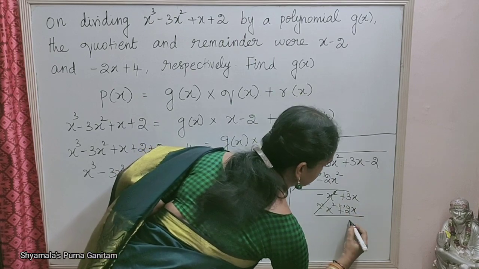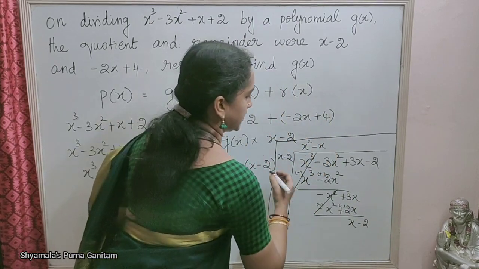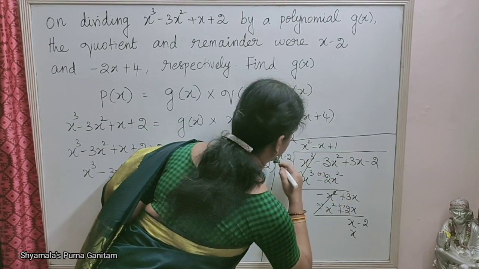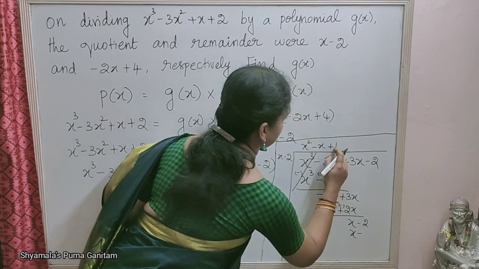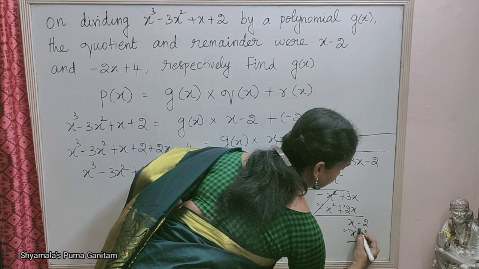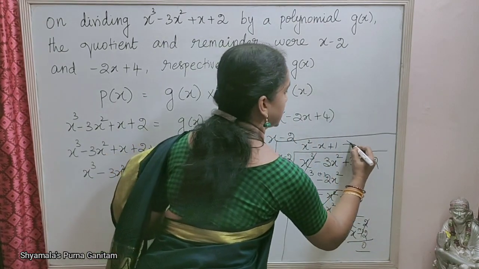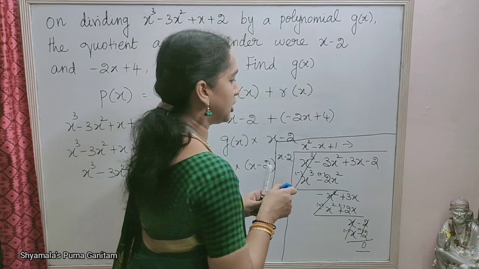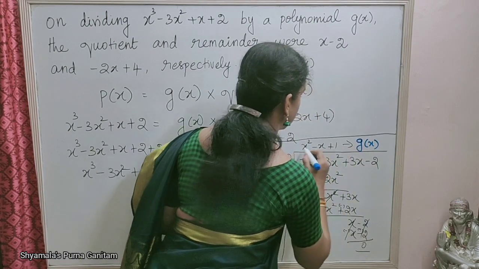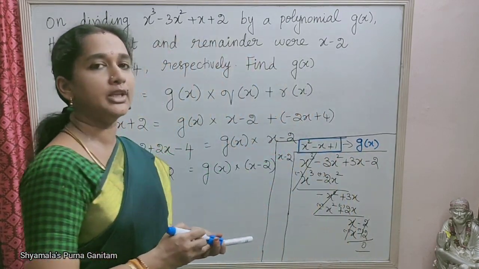This I will cancel. Here I will get x and I will bring that minus 2 down. So here it will be plus 1. So x into 1 is x, minus 2 into 1 is minus 2. So when I subtract, this will get cancelled. So my g of x is x squared minus x plus 1. This is the thing they are asking you to find. So I found the g of x.